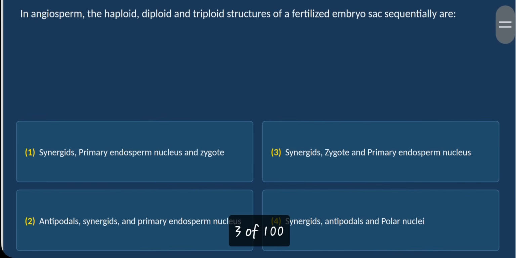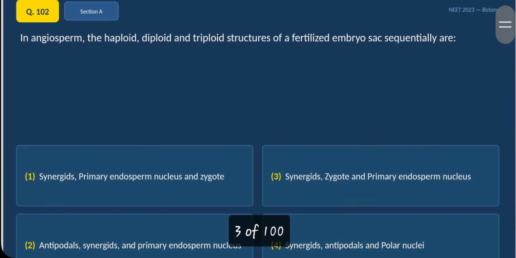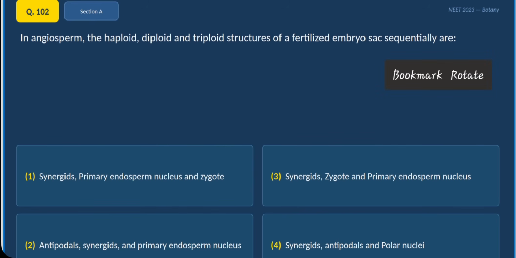The next question is, in angiosperm, the haploid and diploid structures of a fertilized embryo sac sequentially are. So which are haploid, diploid and triploid structures? Sequentially in the same pattern. Synergids are haploid, they are not diploid.